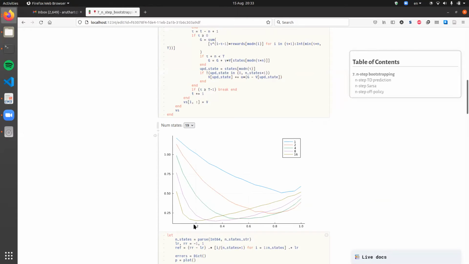Why this plot is different from what we see in the book is that I take the final estimate for value after 10 episodes, instead of taking the average over all 10 episodes.